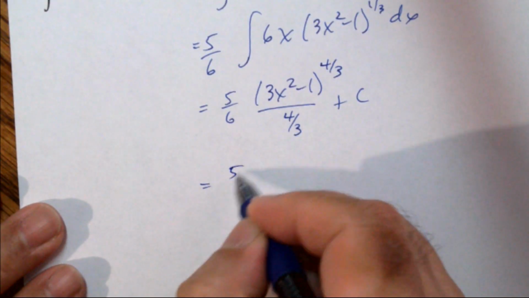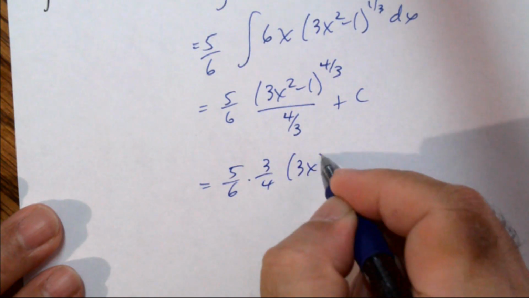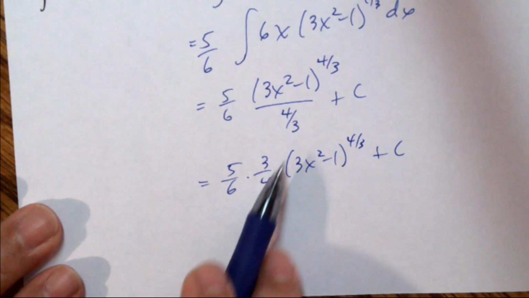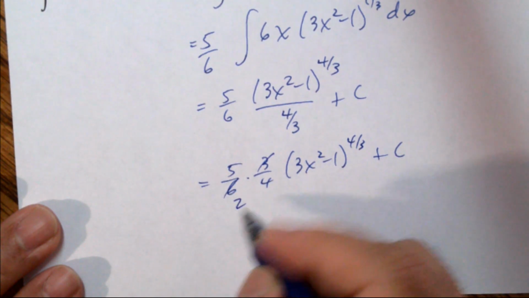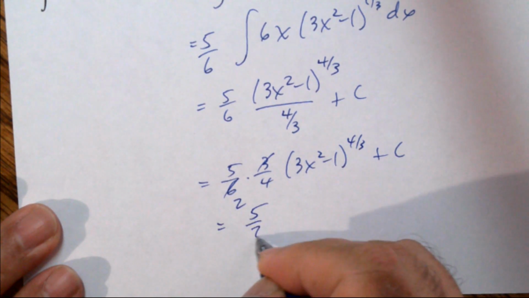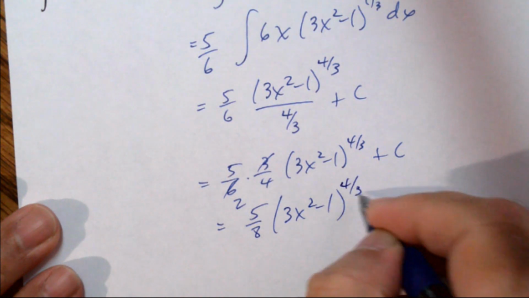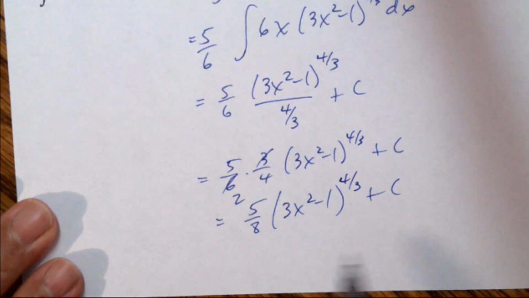So it's 5 over 6 times 3/4 times 3x squared minus 1. All I did was rewrite it as its reciprocal, and that's going to reduce some. So 3 goes into 6 twice, so that's going to be 5/8 times 3x squared minus 1 to the 4/3 plus c, and that's the answer to number 10. And no, you don't have to do anything else with that.